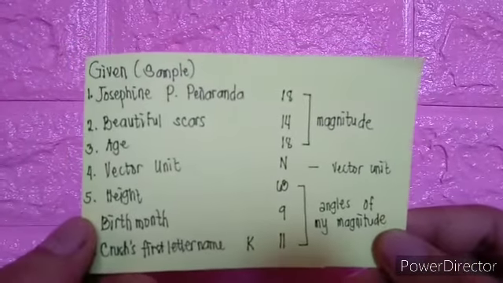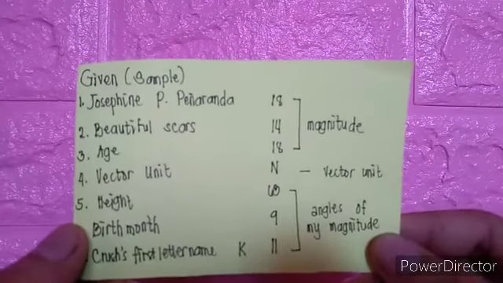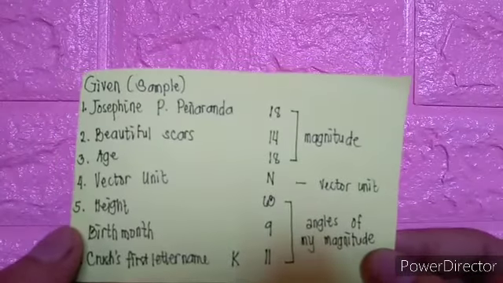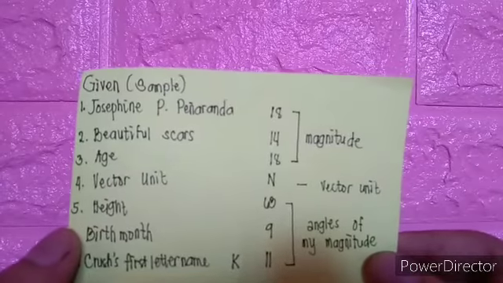Now, this is our sample given. I'm going to use my name, my favorite song, my age, and the vector unit.